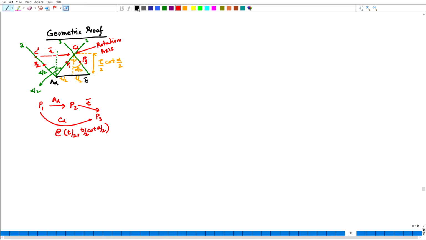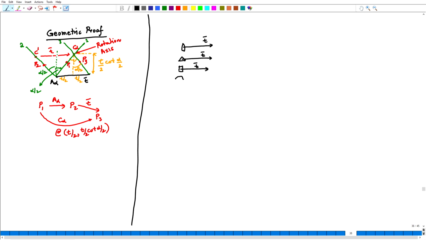What we can do is, what would happen if I had a 2-fold rotation axis and a translation, or if I had a 3-fold rotation axis and a translation, or a 4-fold and a translation, or a 6-fold.